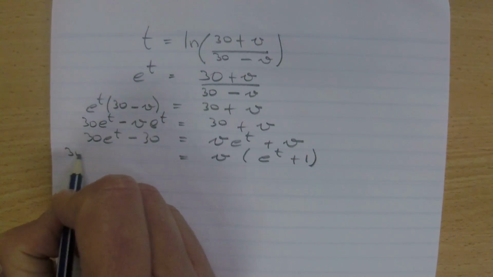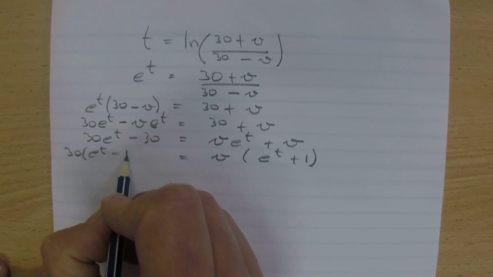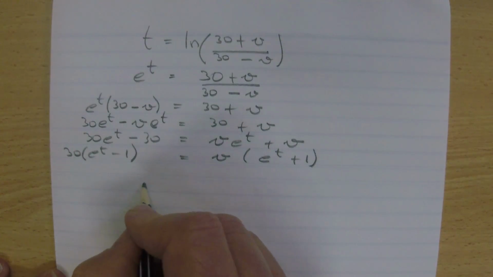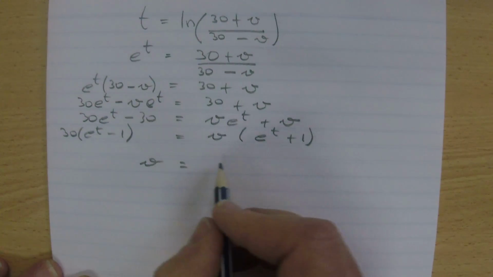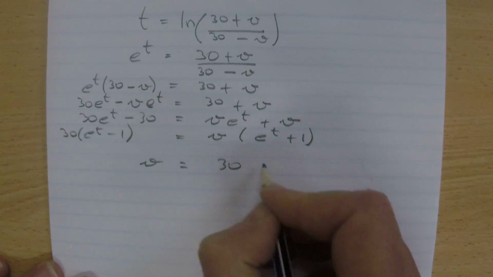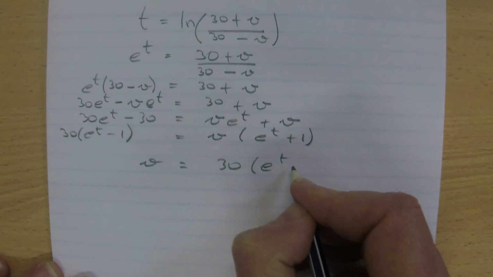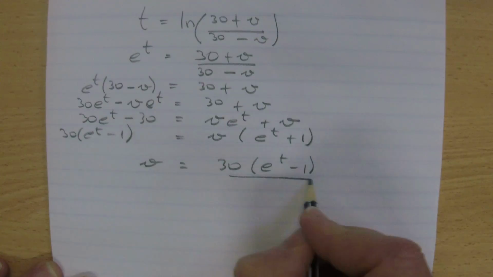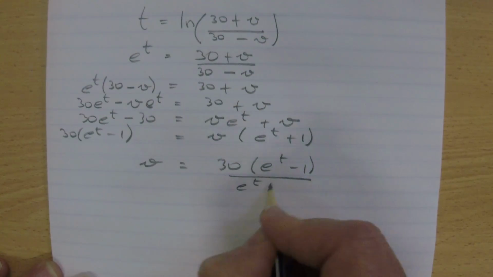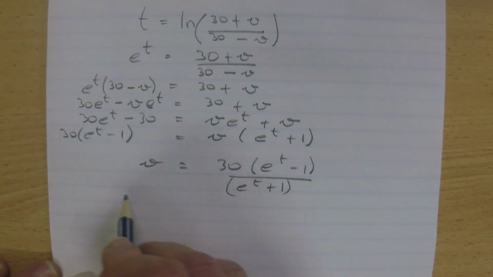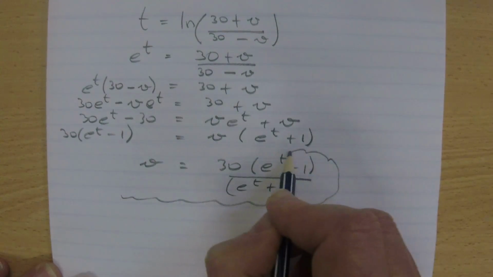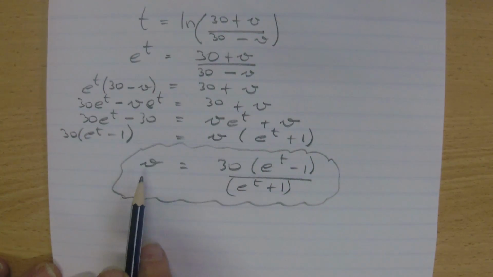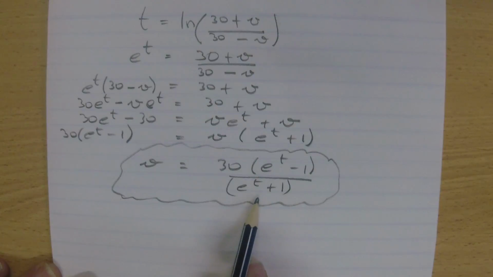Here I could factor out 30 from e to the t minus 1. Pretty clearly, I think we can see that v will be 30 e to the power t minus 1 over e to the power t plus 1. And there is our solution for velocity as a function of time.